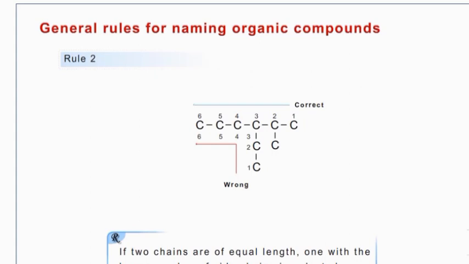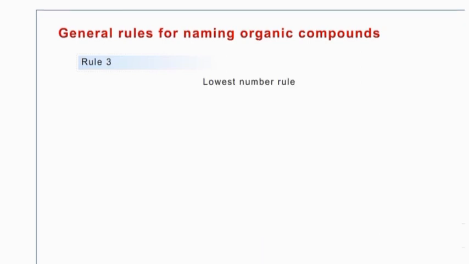So rule number 2 is, if 2 chains are of equal length, the one with the larger number of side chains is selected. So hope you got it.